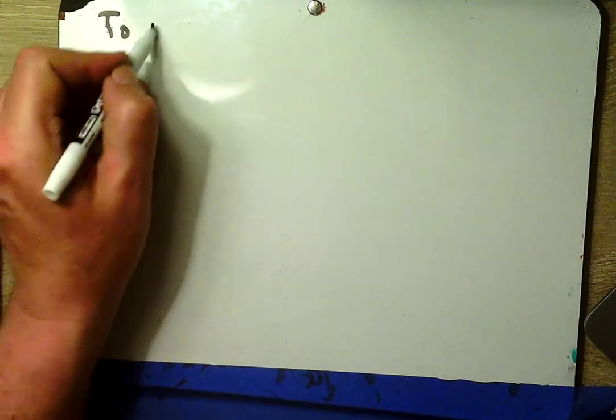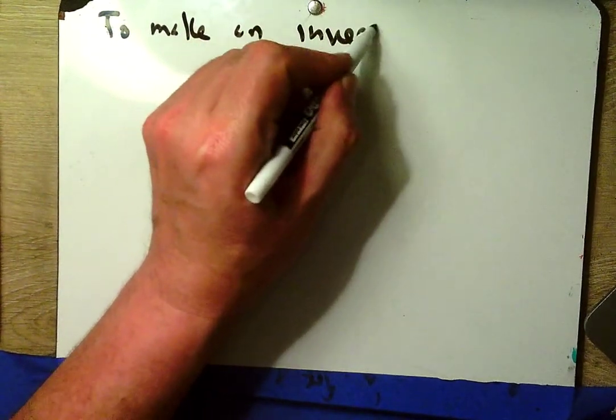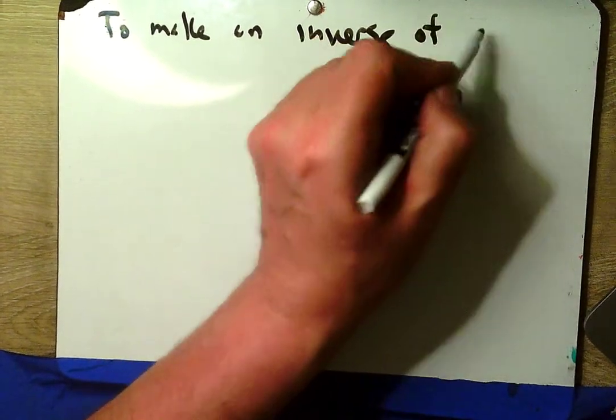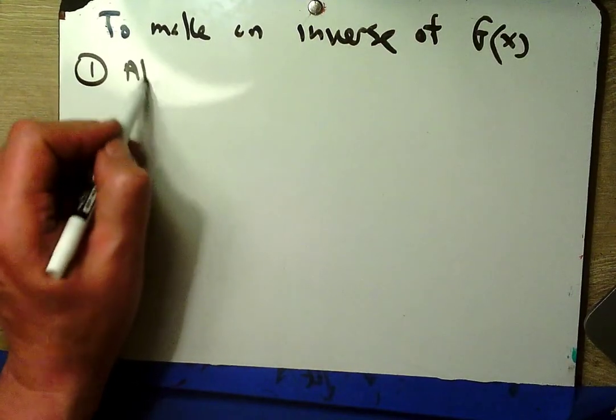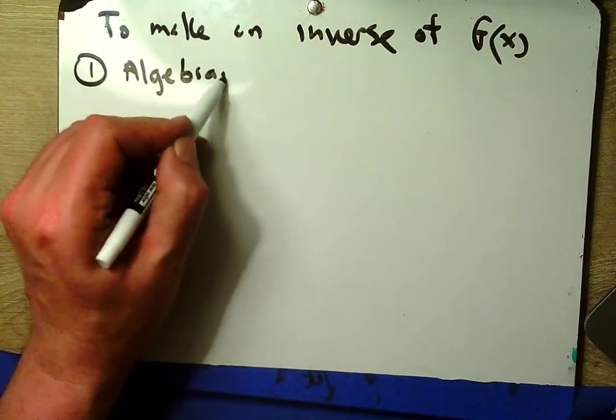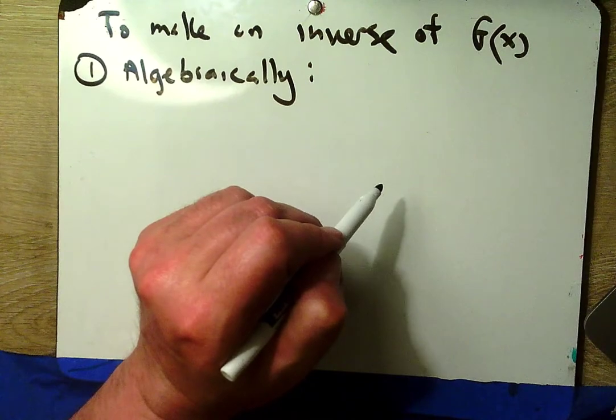Okay, so to make an inverse of f of x, one, algebraically, what was it that we were supposed to do?